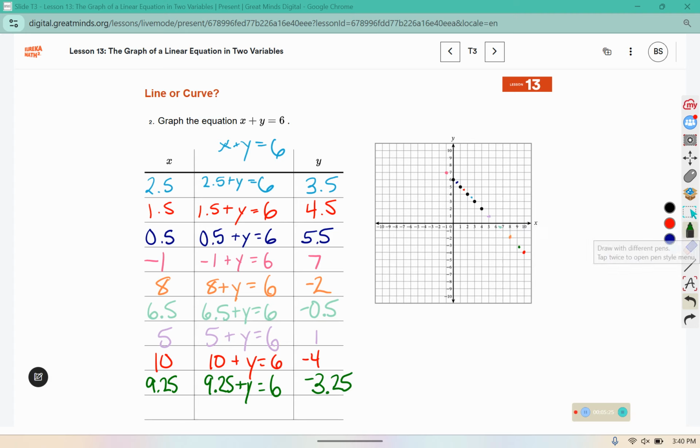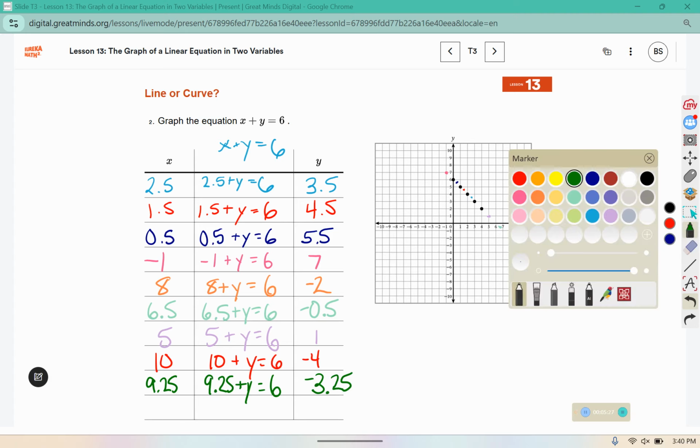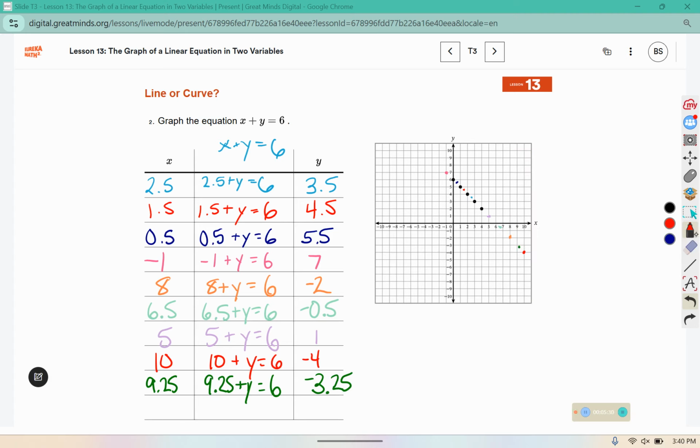We could do 3.75. Well, we need to add a quarter to make it a whole number.